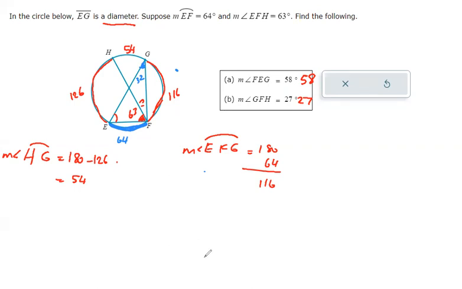Whenever you have an angle that is opposite to the diameter, which is EG, in the triangle, the angle right here that is opposite the diameter is going to be 90 degrees. And since this is 63, what's left over should be 90 minus 63, which is 27. So you can get that immediately without doing the process I did, but I just used the definition of the inscribed angle in this case. So let's look at the next one.